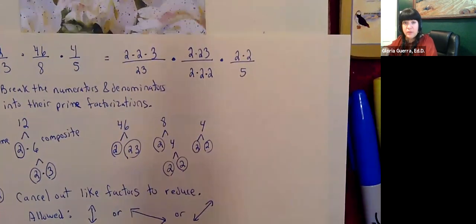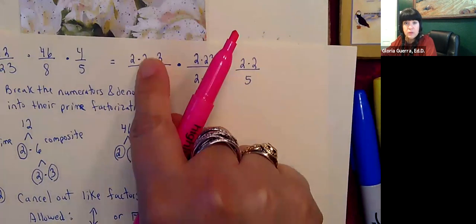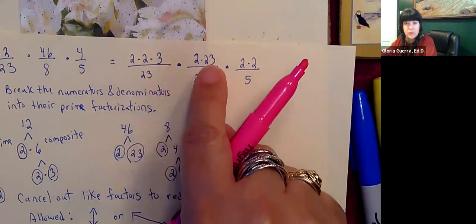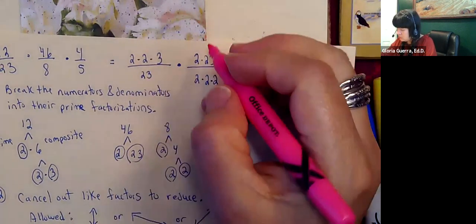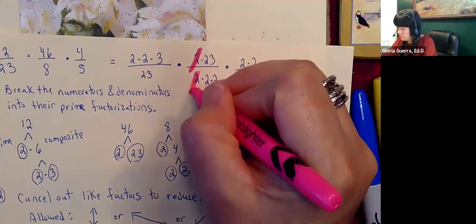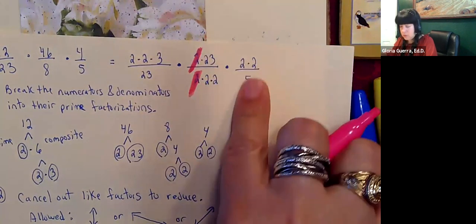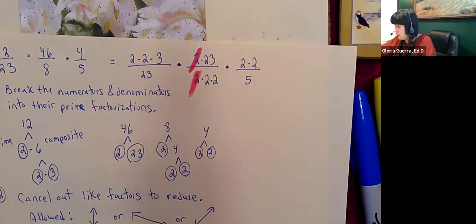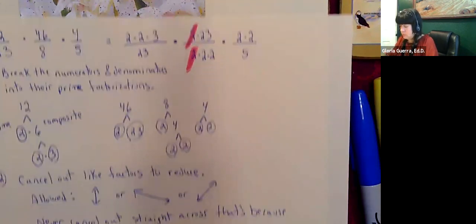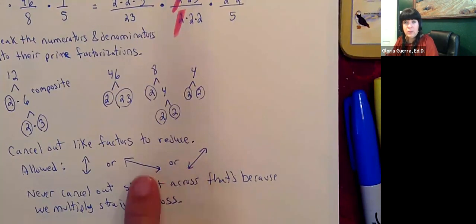Okay, let's see, up and down. If I look up and down, nothing. Okay, then I can try and cancel out this way, diagonally.